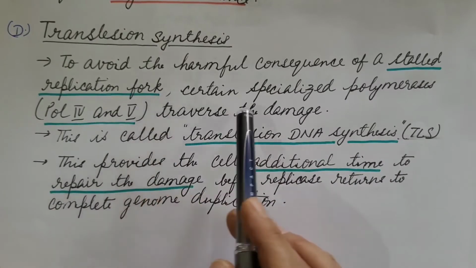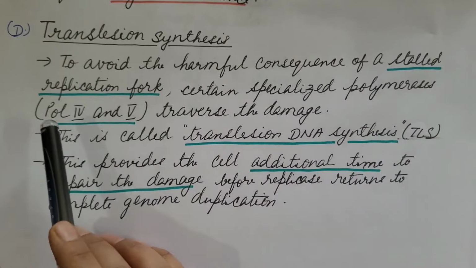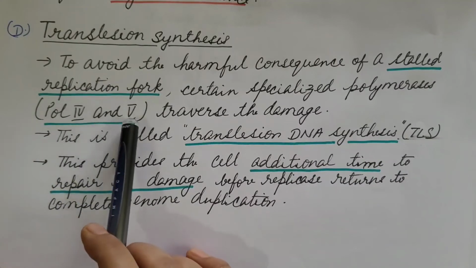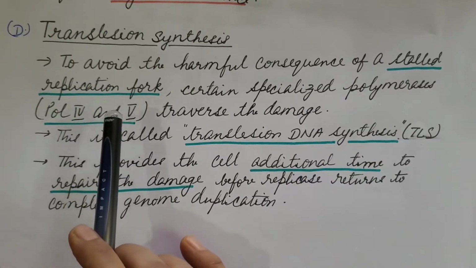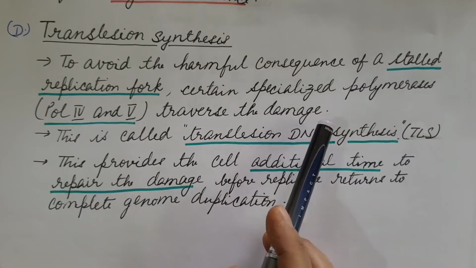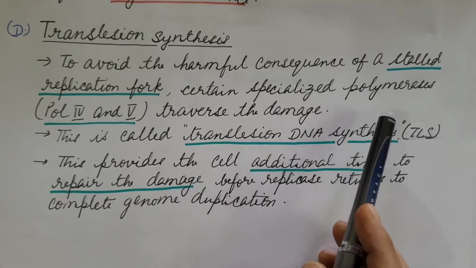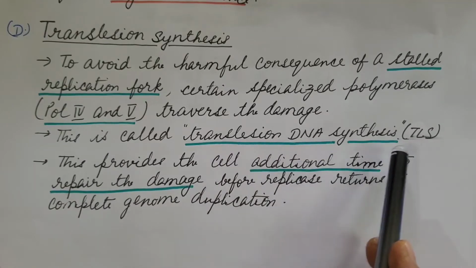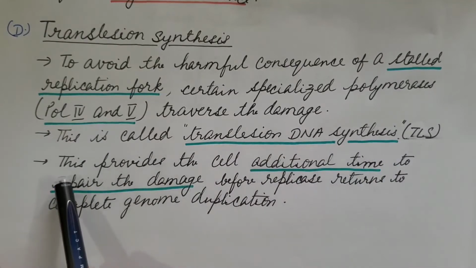In that case, certain specialized polymerases, for example polymerase 4 and 5, which are also known as SOS polymerase, travel past the damage and continue the extension of the new strand. And this is called translesion DNA synthesis or TLS.